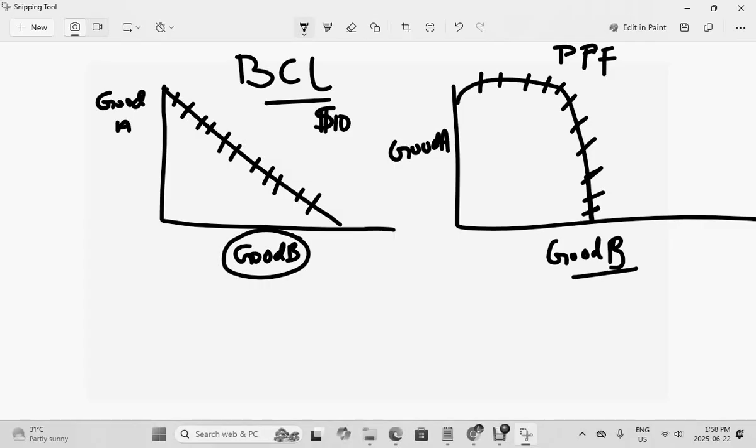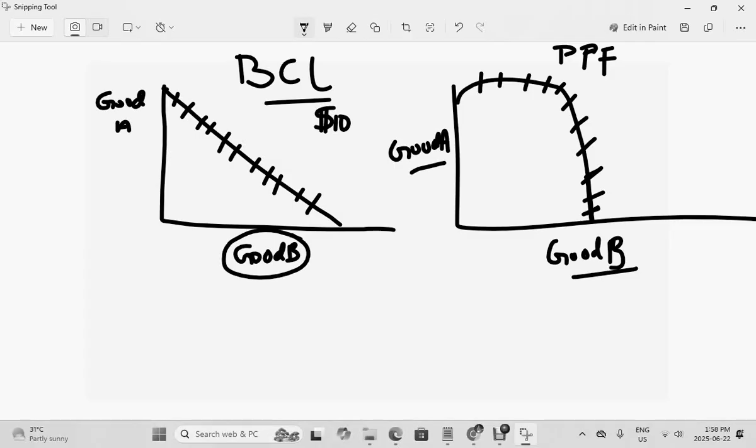As the person moves away from good A when allocating resources and raw materials, moving towards good B, the more he moves away from good A, the marginal benefit of producing good B goes down and the opportunity cost of producing good B goes up.